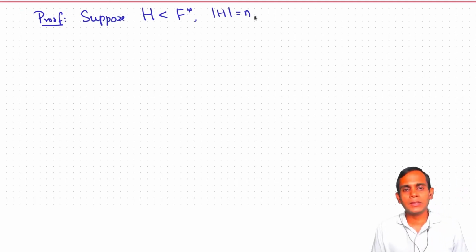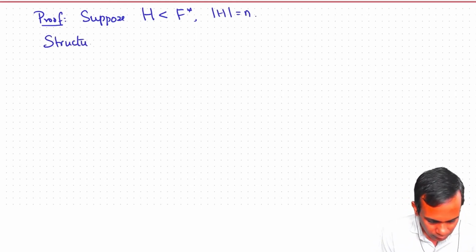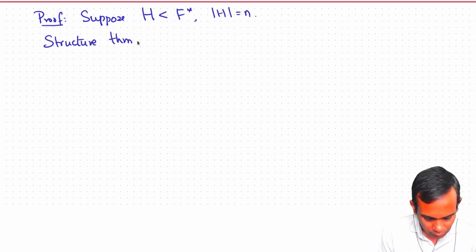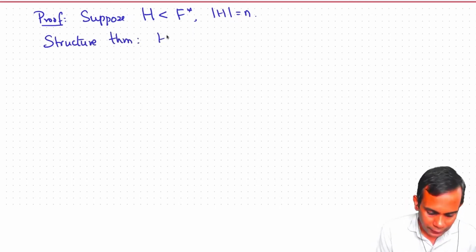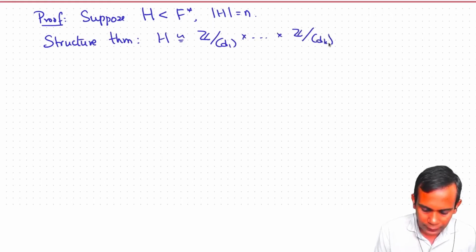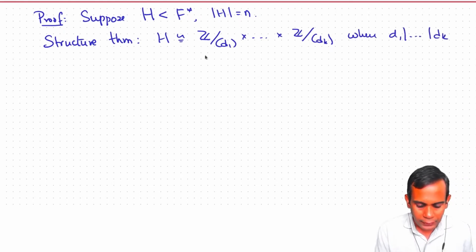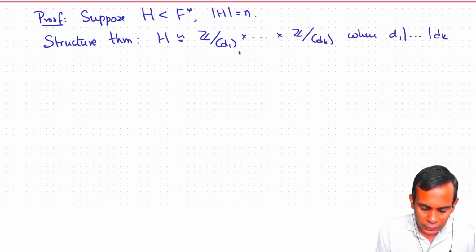Then by the structure theorem for finite abelian groups, we have that H is isomorphic to Z mod D1 cross Z mod D2 cross Z mod Dk, where D1 divides D2 divides Dk, and the additional fact that the size of H is n means that the product D1 D2 through Dk is equal to n.